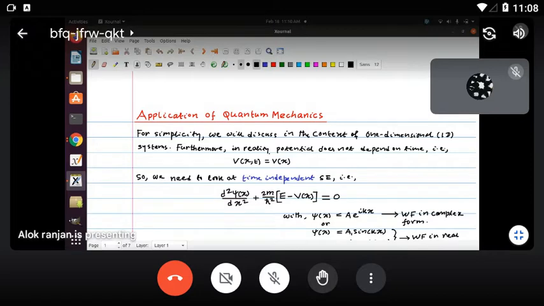That means we'll start from the Schrodinger equation, and then we'll show that the quantum system will have discrete allowed energy levels, which is one of the landmark features of a quantum system: discrete energy levels.